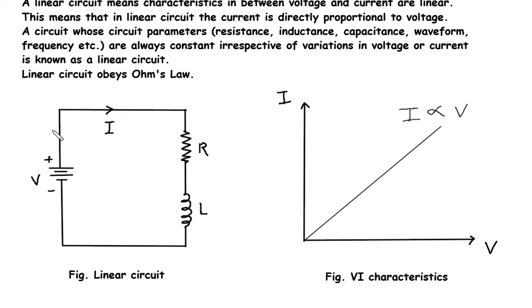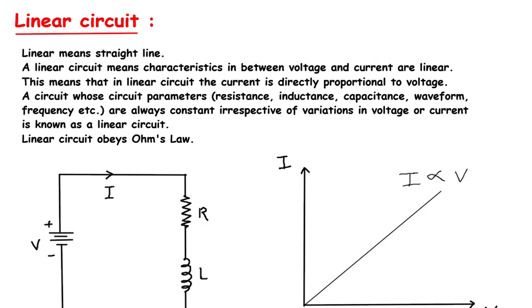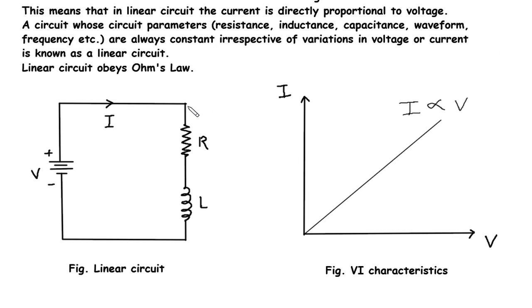Here we can see for this circuit, the circuit parameters are always constant irrespective of variation in voltage or current. Also, we can see that this resistor is a linear element. Also, the inductor is a linear element. Capacitor is also a linear element. So, using these linear elements, it forms a linear circuit.